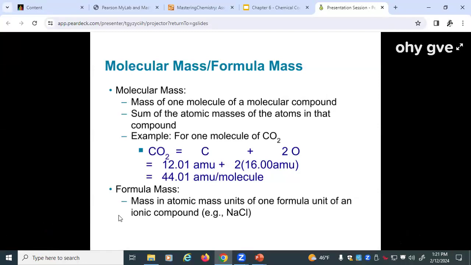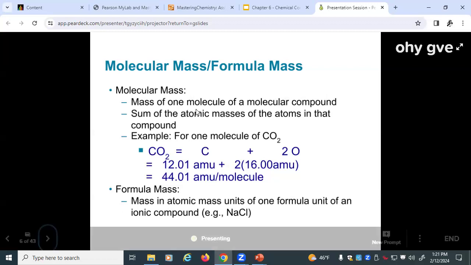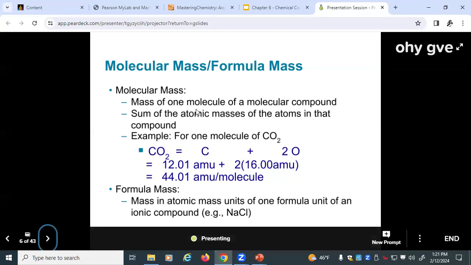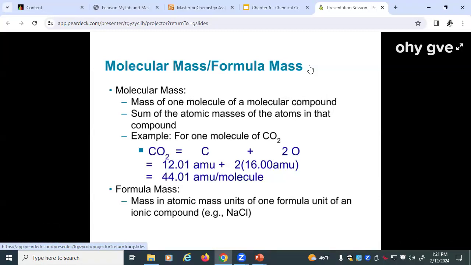Now, again, if I'm looking at things from a molecular standpoint, the unit there is AMUs. If I'm looking at this from a molar standpoint, which is what we're doing most of the time, the unit here is grams per mole. And so I can do this literally with any compound, any substance that I can think of or dream of.